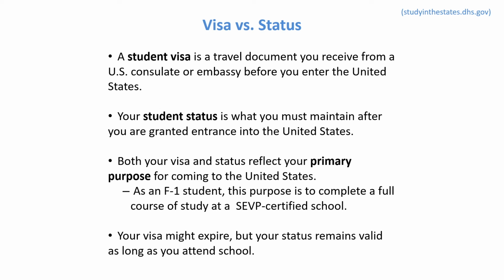Both your visa and status reflect your primary purpose for coming to the United States. For example, as an F1 student, this purpose is to complete a full course of study at a SEVP certified school. Your visa in the passport might expire, but your status remains valid as long as you attend school.